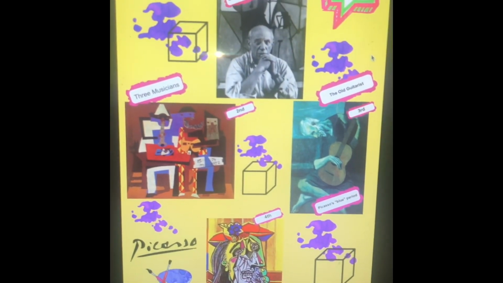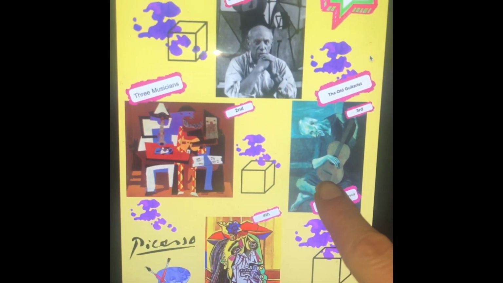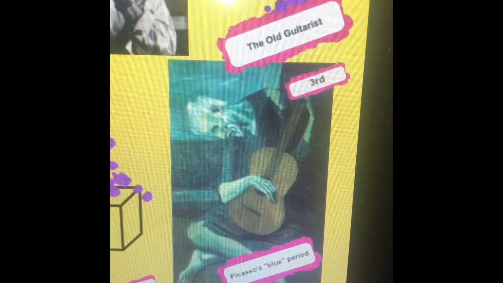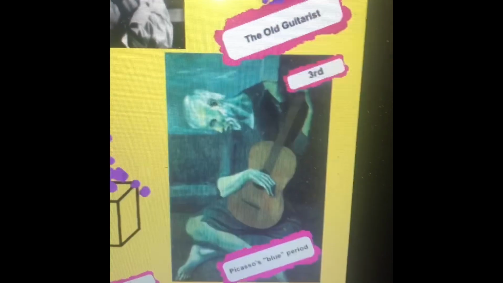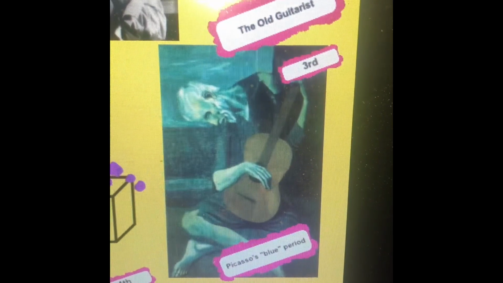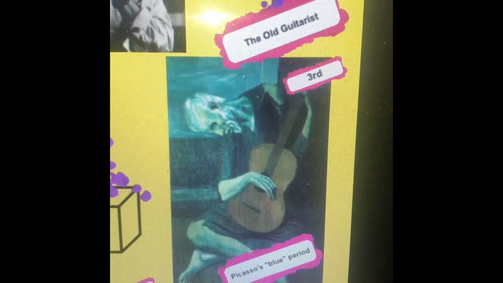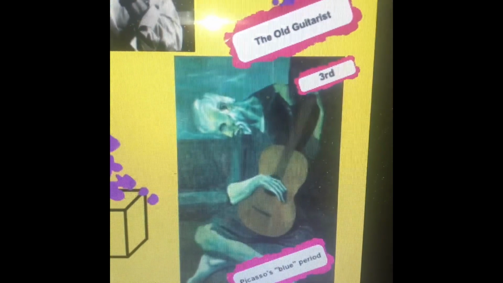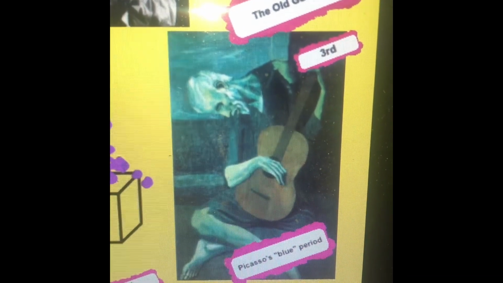So I have that here on the glog. And this painting here is called The Old Guitarist. And this is a painting that's kind of hard to see, but it's all in shades of blue. And this was a period of time when Pablo Picasso was feeling really sad. And in a lot of his paintings, he used the color blue.